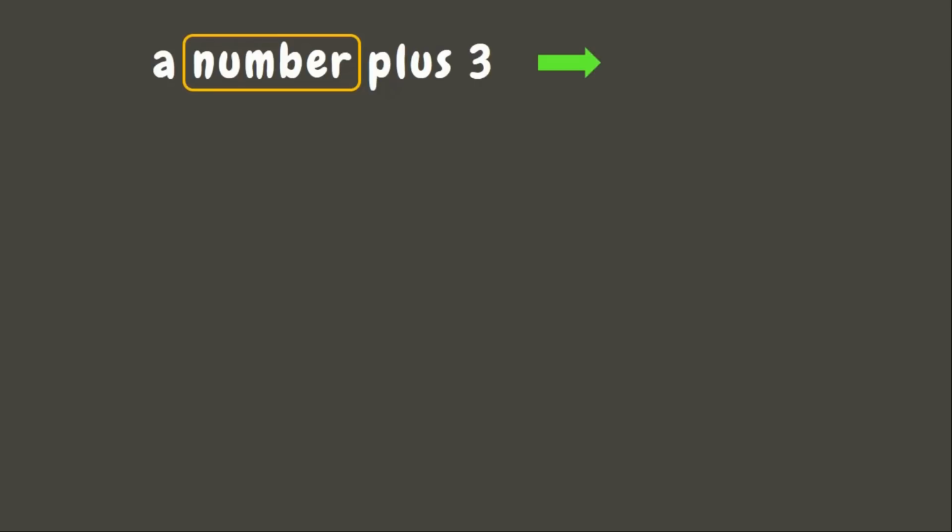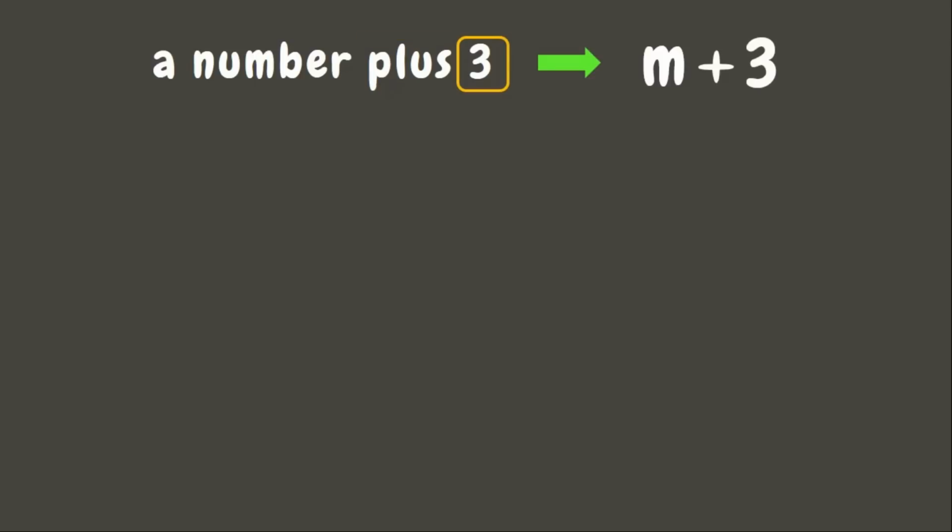This means that we are going to represent it by a variable. Any letter that you would like. Let's say I want letter M. The next keyword here would be the word plus, which means addition. So that is M plus 3.